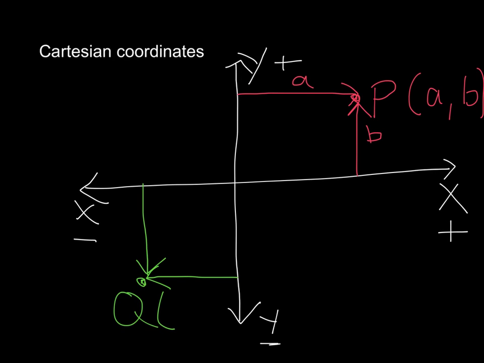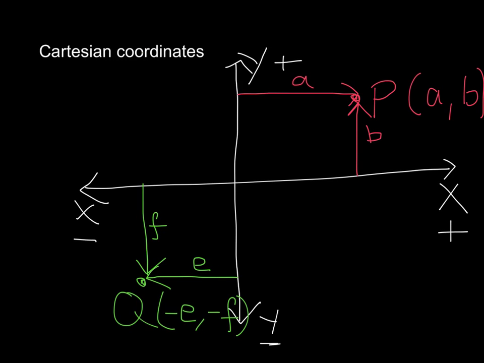Now, because we've had to move in a negative x direction, and let's suppose this distance is E and this distance F, the x coordinate is minus E and the y coordinate is minus F. So it's simply specifying a pair of numbers in the correct order, x and y, and that will tell us the location of the point.